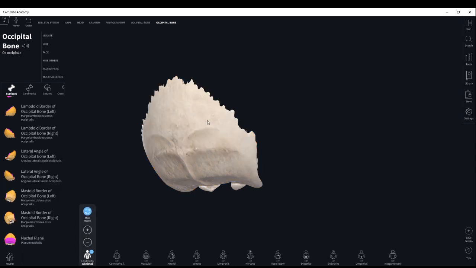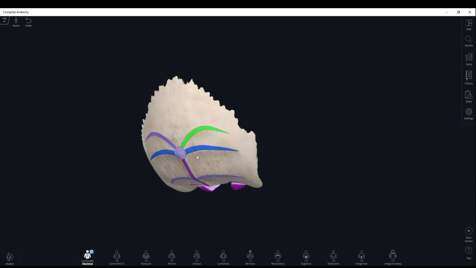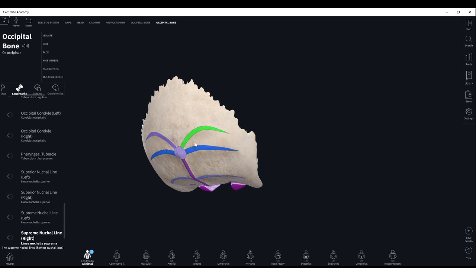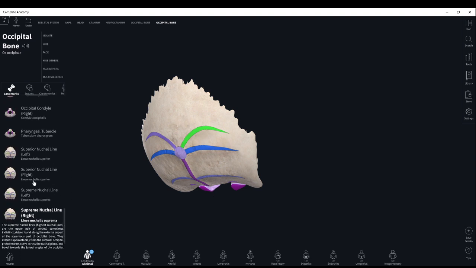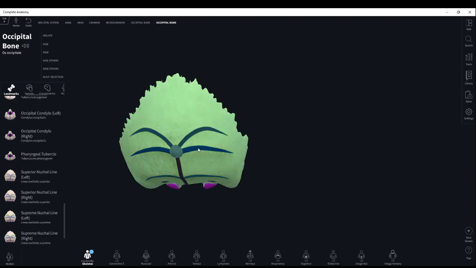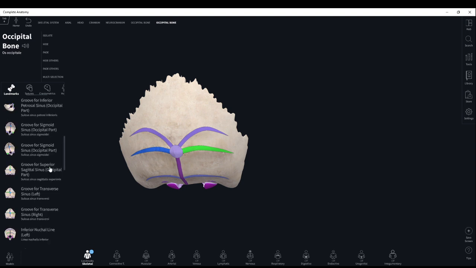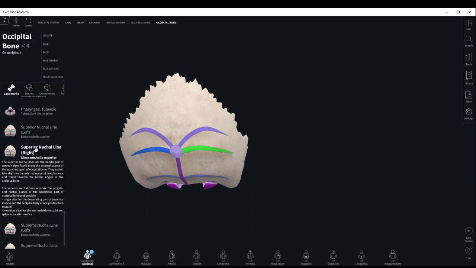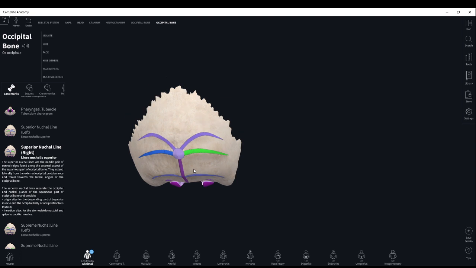On the external surface of the occipital bone, we can find 3 lines which are visible in this picture. First is the supreme nuchal line, linea nuchalis suprema. Below it, visible and prominent, is the superior nuchal line, linea nuchalis superior.